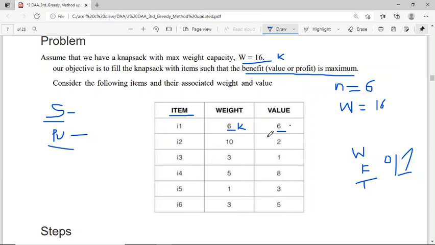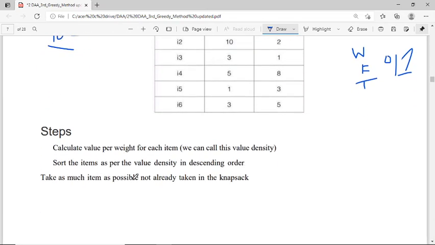The question is, from these items, which item should I include first? For that reason, in step 1, we need to calculate value per weight for each item.